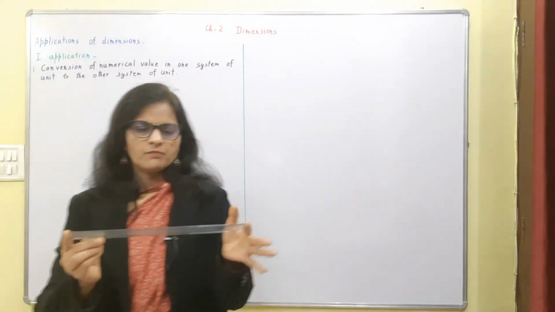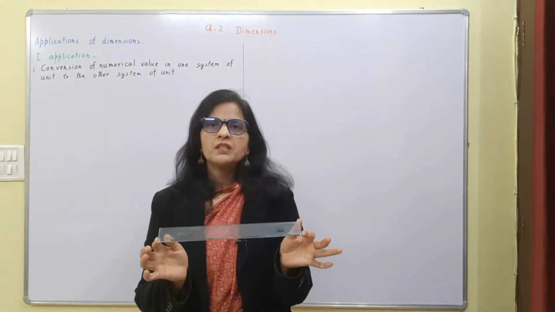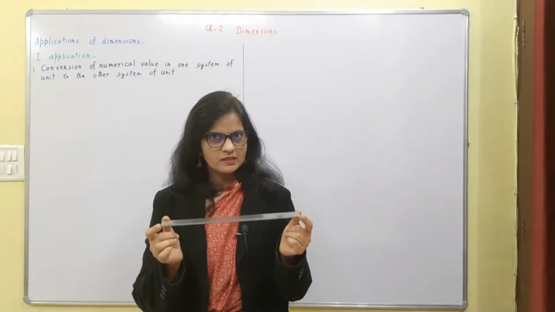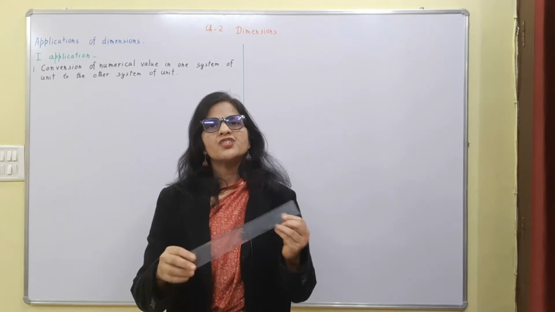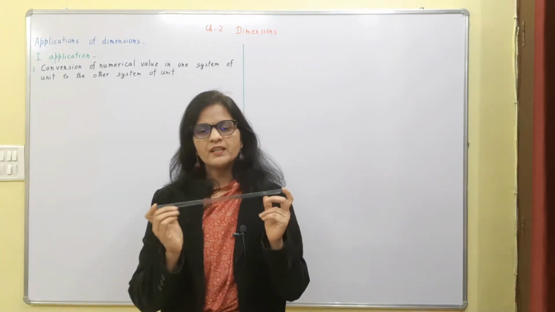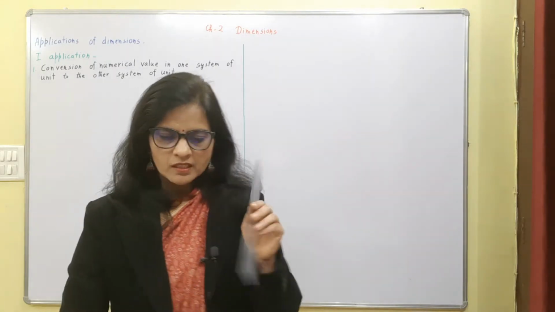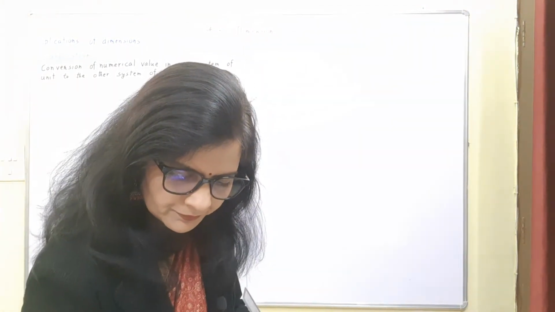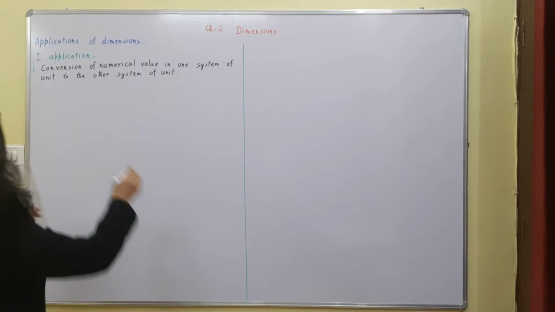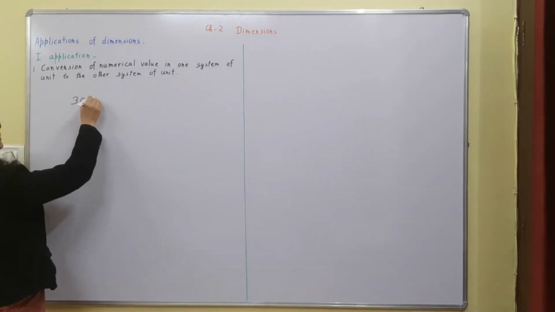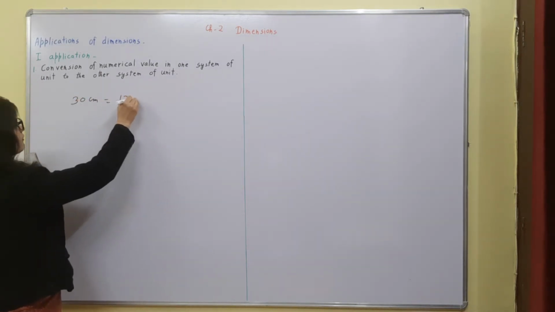Suppose you have a scale. It is 30 centimeters in length in centimeter units, but in inches, it is 12 inches, right? So the scale is the same, the length is the same. That means 30 centimeters here is equal to 12 inches.